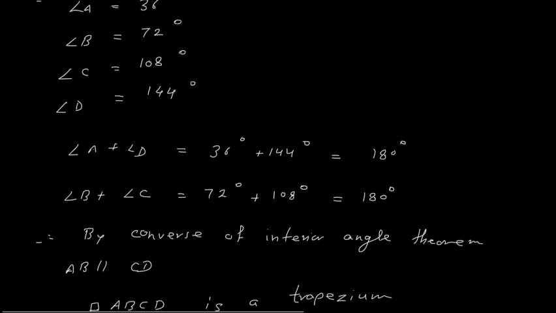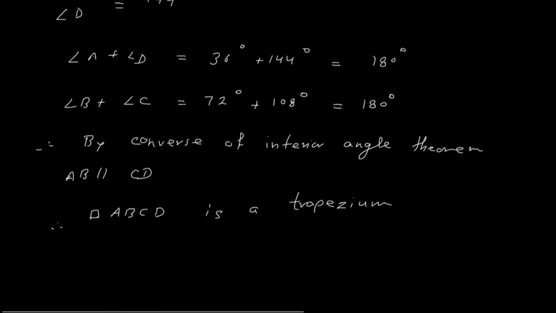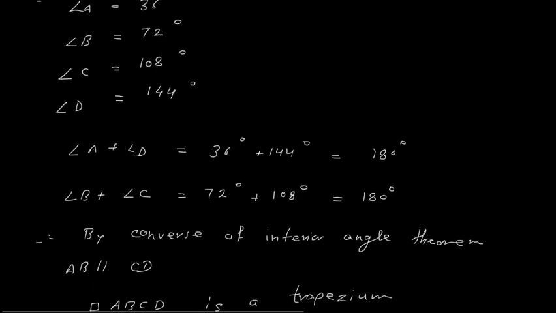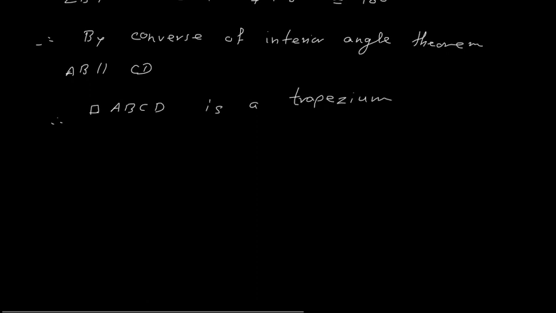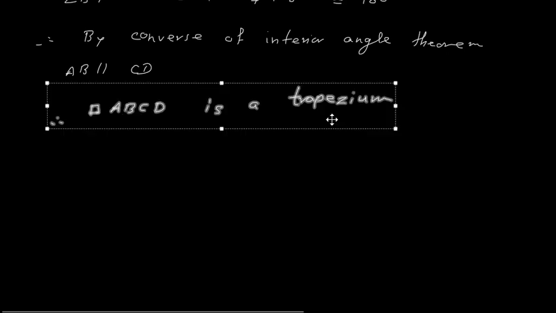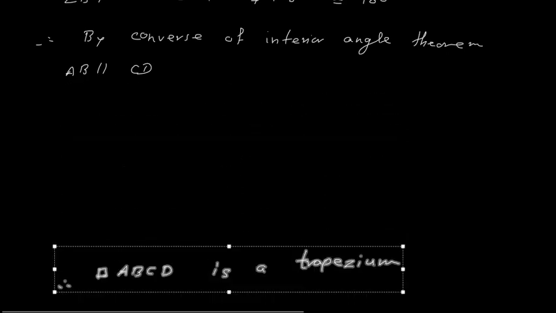For a trapezium, only one pair of angles should add up to 180 degrees, so I will do one thing before I write that ABCD is a trapezium.